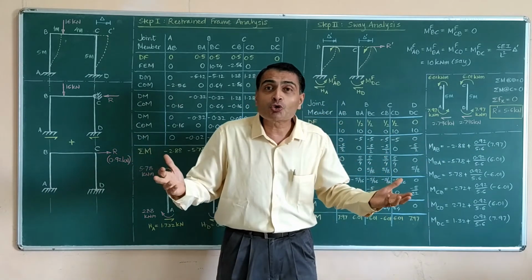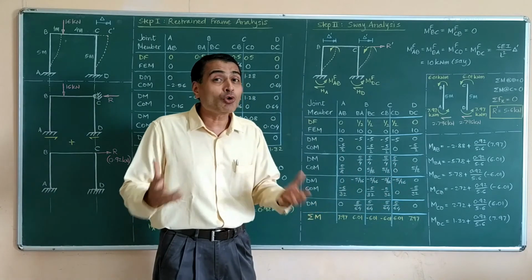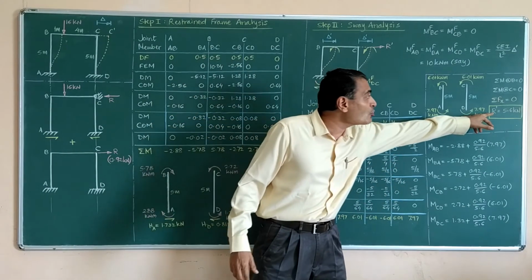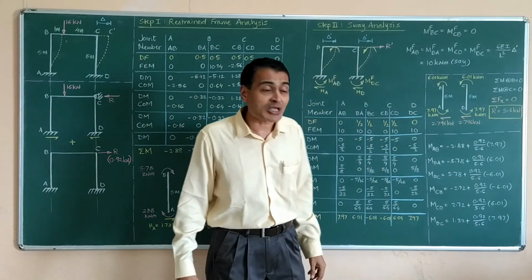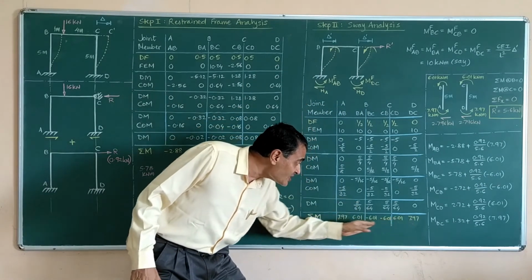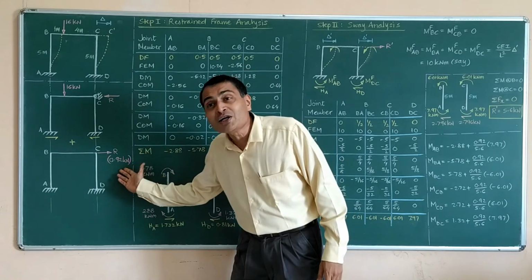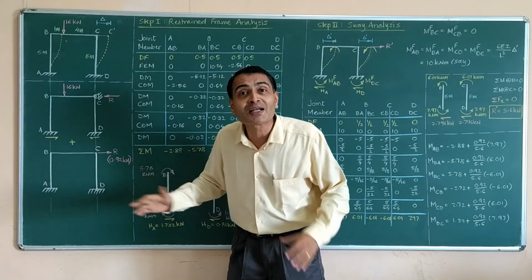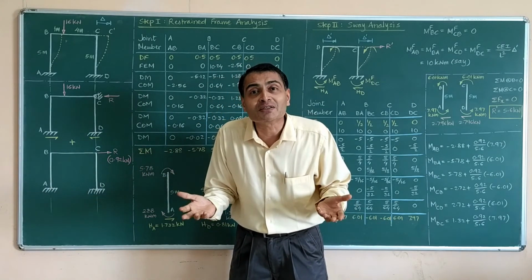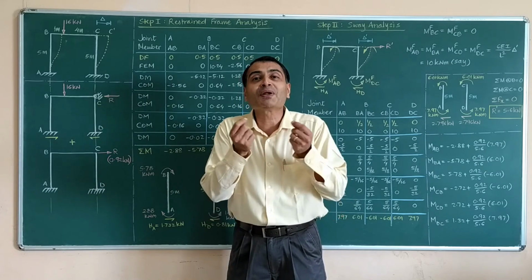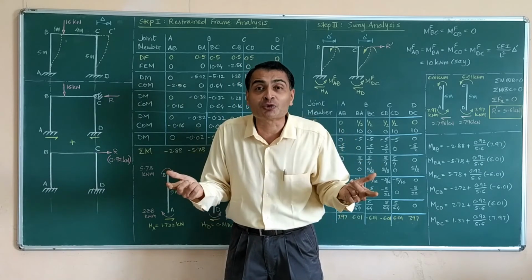So what is going to be my argument? I am going to say that if 5.6 kilonewtons generates these end moments, then 0.92 kilonewtons would generate how much end moment? A very simple calculation, a very simple arithmetic.